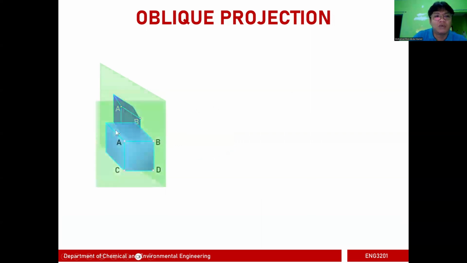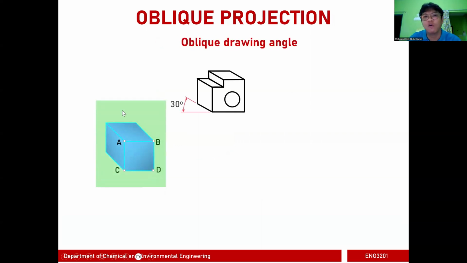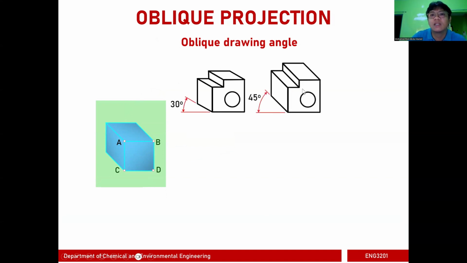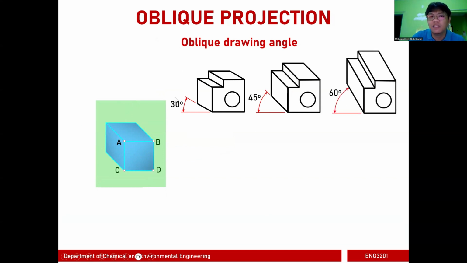Now, this is one example, two examples. So what are the different types of oblique drawing? In this case, you have this oblique drawing, and these are also oblique drawings, where the only thing that makes a difference is the angle between the horizontal line and whatever features are here. Now, they have different names.